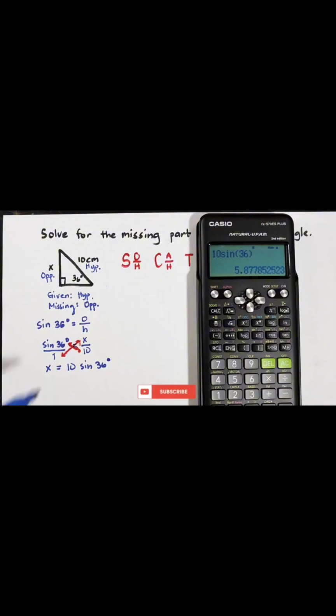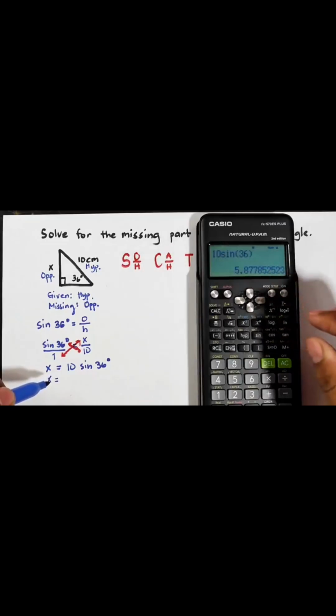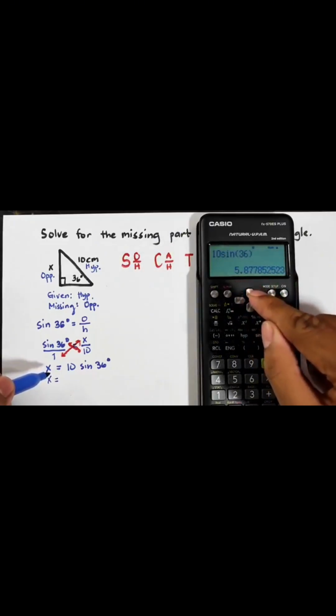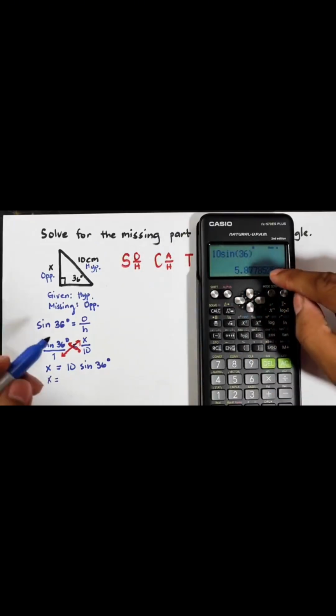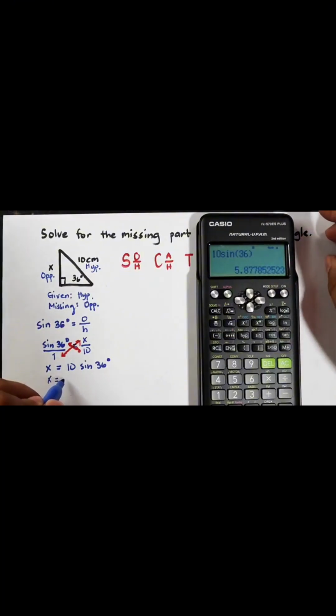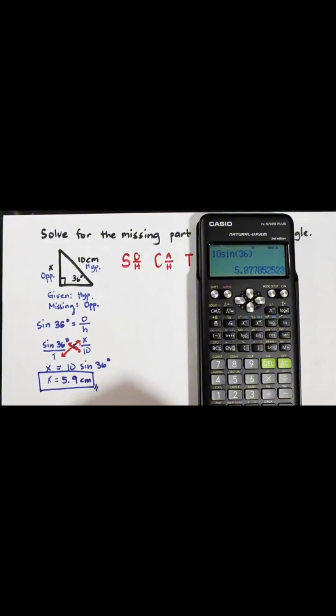For our answer, we will just have 1 decimal place, so this is rounded off as 5.9. And don't forget the unit, which is centimeters. This is the length of our opposite side, or the variable x.